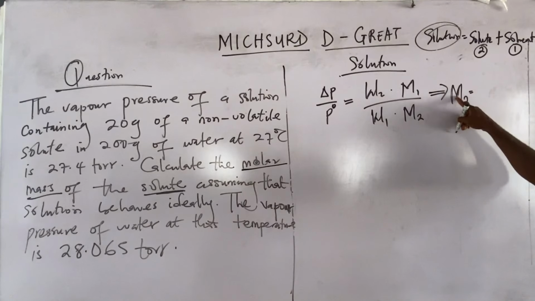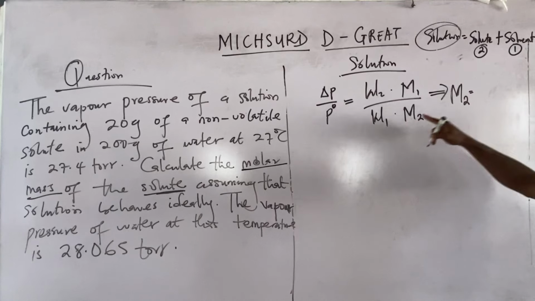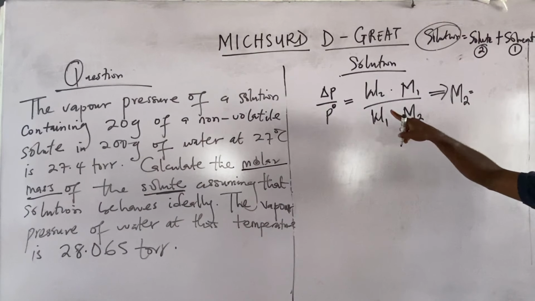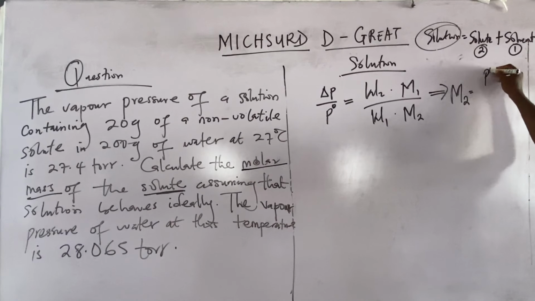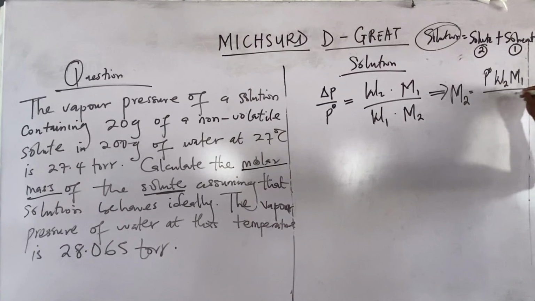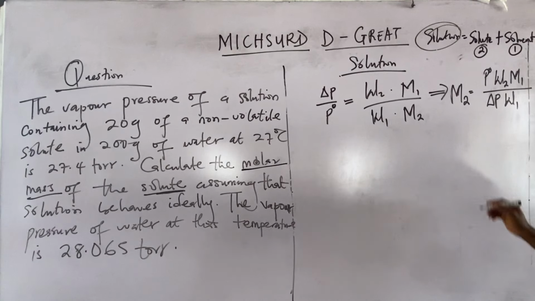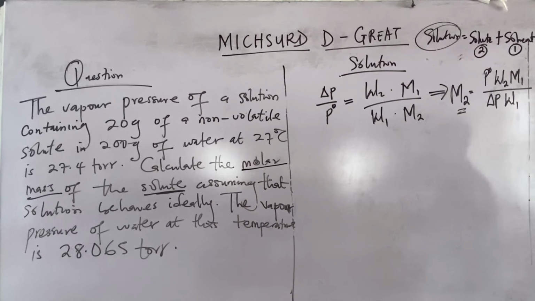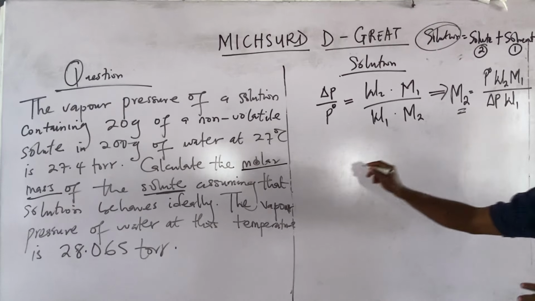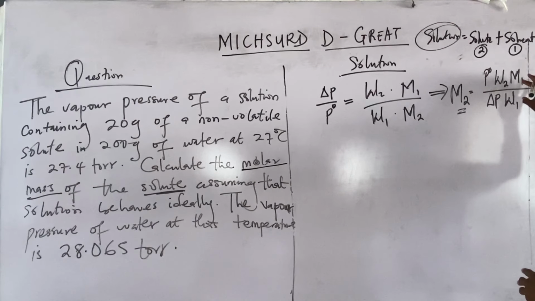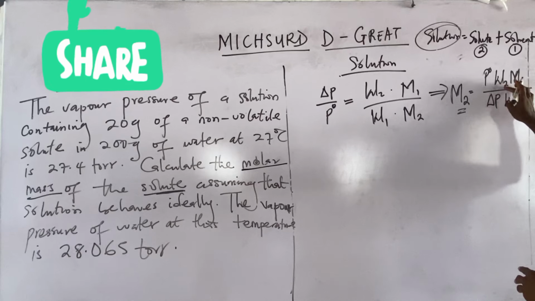So M2 will be equal to, if we cross multiply and divide to make M2 the subject, P naught times W2 times M1, all over change in P times W1. With this formula, I will be getting the molar mass of the solute. Now let's know what M1, W1 and W2 represent.